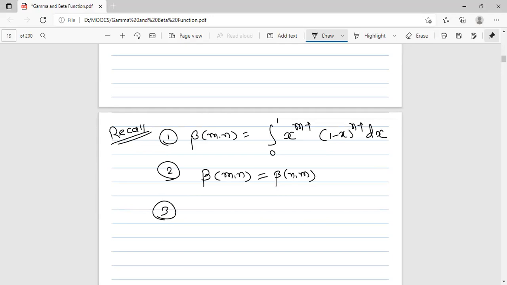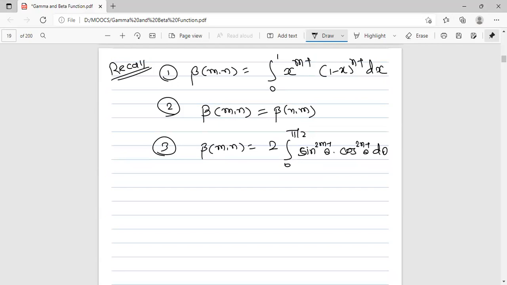Third result, beta mn is equal to 2 into integration 0 to pi by 2 sine theta raised to power 2m minus 1 theta into cos theta raised to power 2n minus 1 theta into d theta.